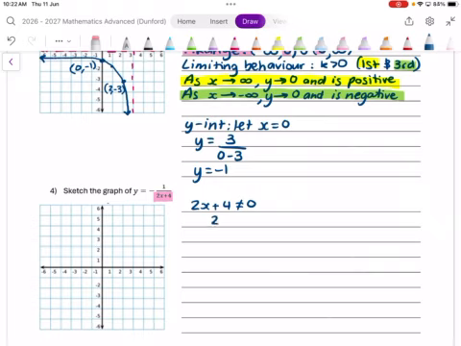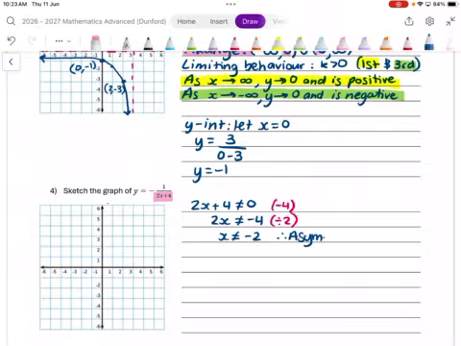So we will have 2x cannot equal -4, because we move the -4 to the other side in case somebody isn't seeing that, and then we divide by our 2. So we get that x cannot equal -2, and so that is where our asymptote is at.